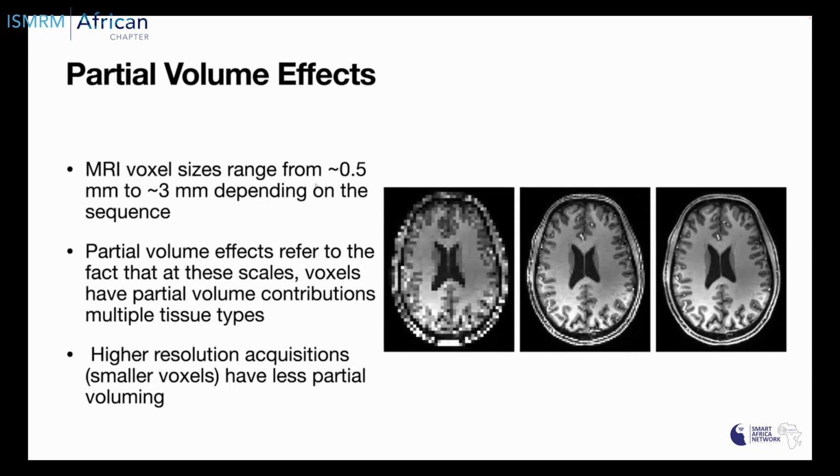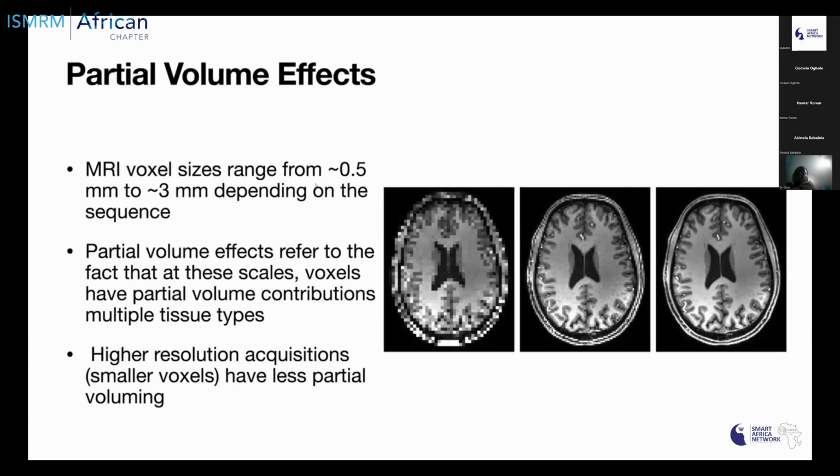These effects mean that you have contributions from multiple signal compartments in a given voxel, and that can lead to confounded interpretation. You typically want to associate a voxel with a signal level and interpret that in terms of whatever analysis you're doing, but depending on your resolution, you may need to be mindful that the signal is actually the sum of multiple components.